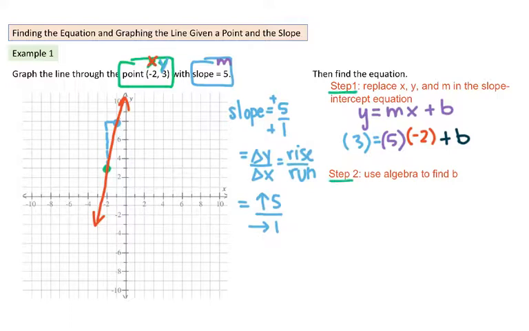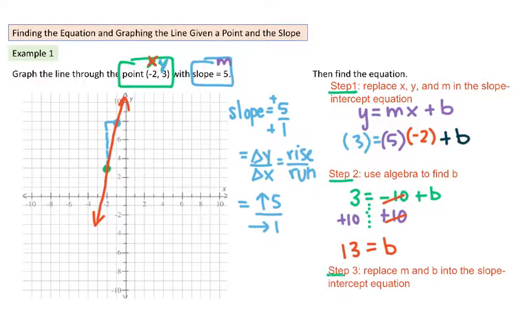Now step 2, we're going to use algebra to find the value of b. So I know 3 equals 5 times -2 is -10 plus b. So if I want to know what b equals, I will add 10 to both sides. The 10 will cancel on the right, and I get b equals 13.